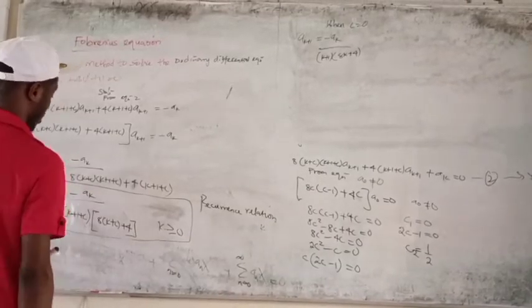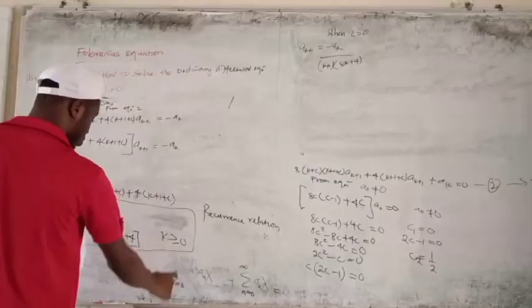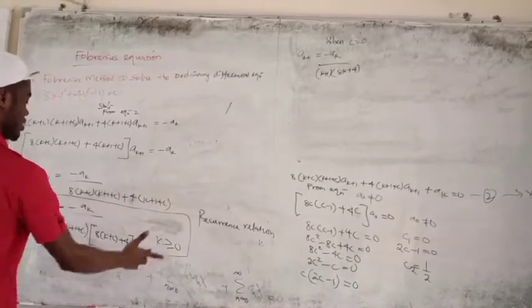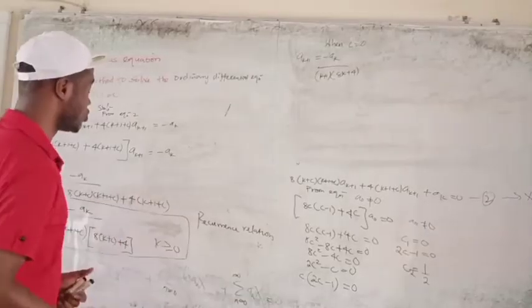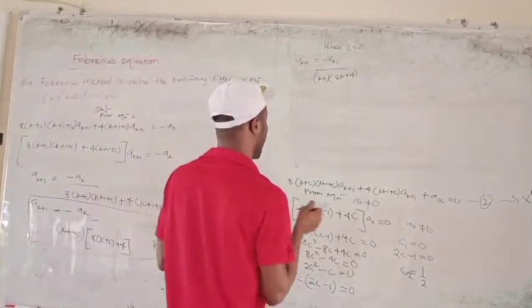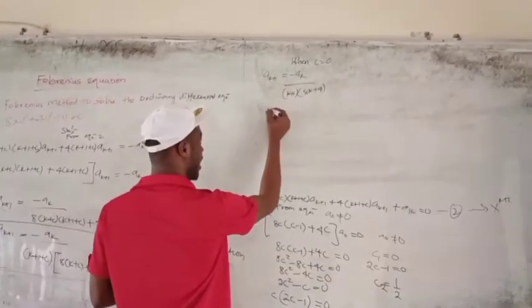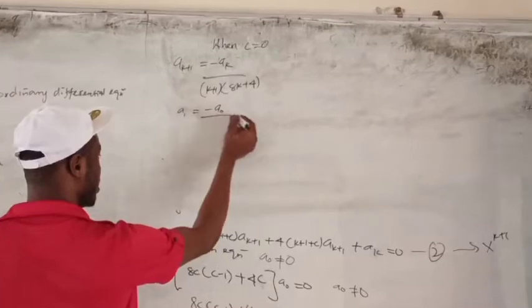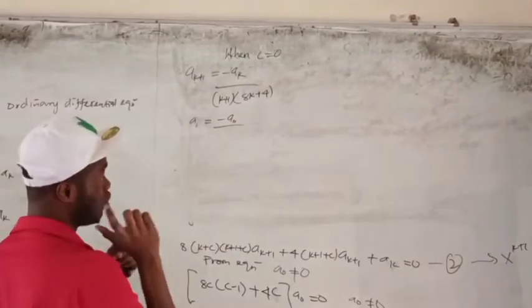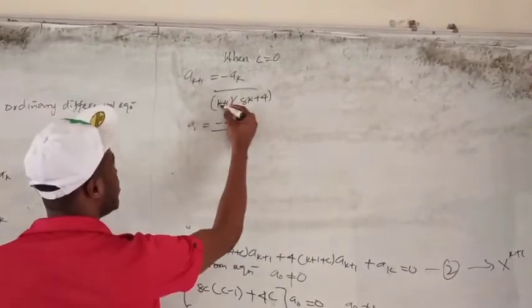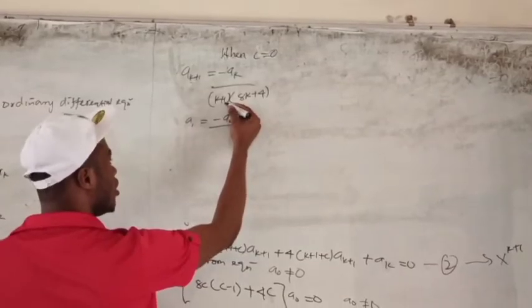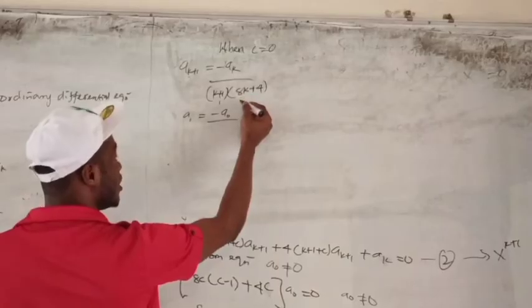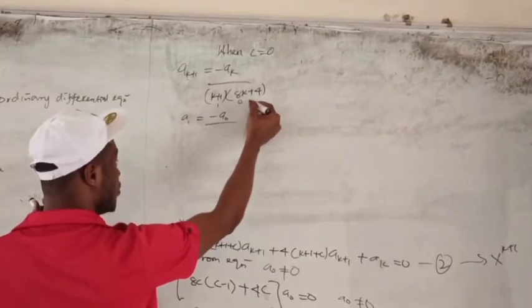Since k is greater than or equal to 0, let's assume that k is equal to 0. So if k is equal to 0, I have a1 is equal to negative a0 divided by k plus 1, where k is 0, so 0 plus 1, that's 1, times 8 times 0, that's 0, plus 4.